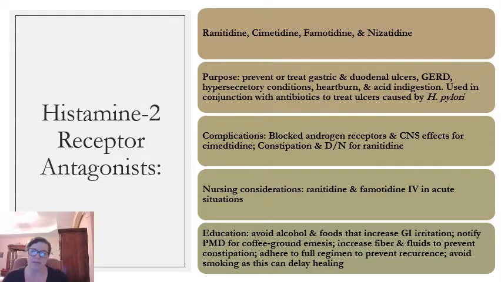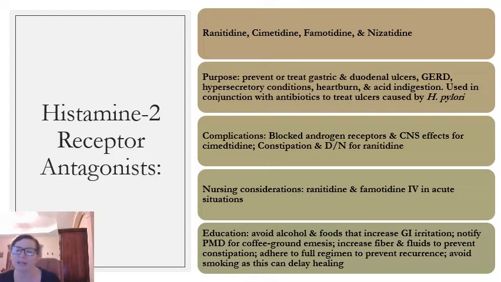The second type of medication that we're going to be using is histamine 2 receptor antagonists. These are going to be ranitidine and famotidine. Sometimes you'll see famotidine in the hospital.